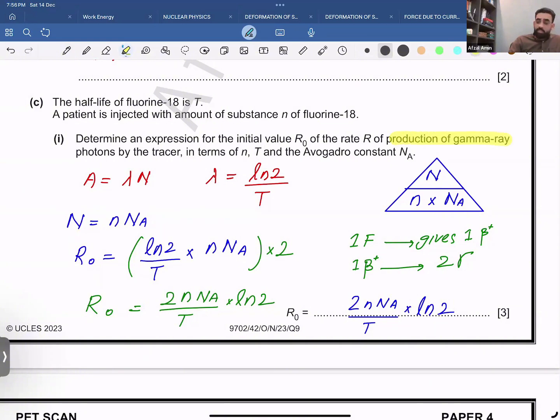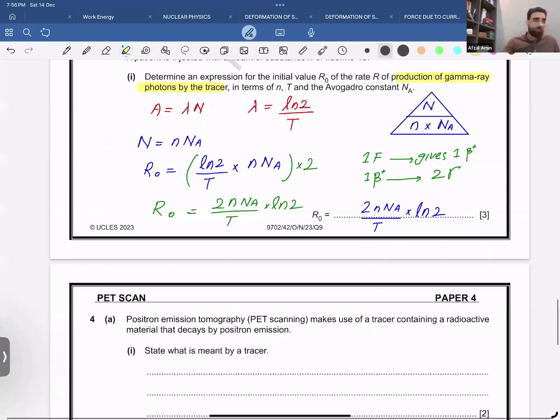So each nucleus gives you one positron, and each positron causes emission of 2 gamma ray photons. That's it. Last question, my dear.